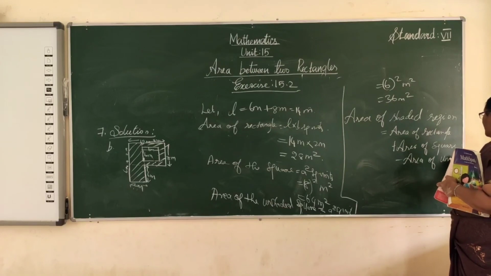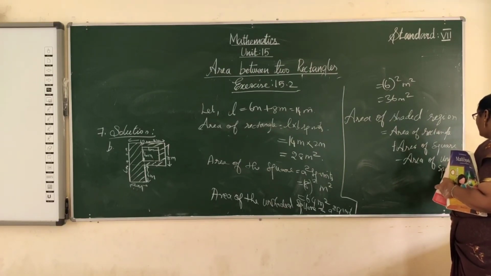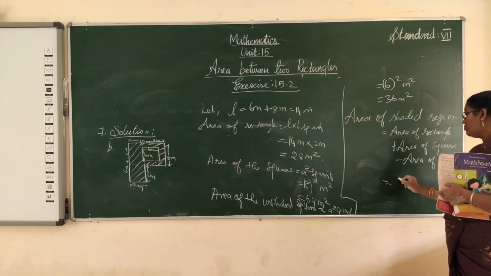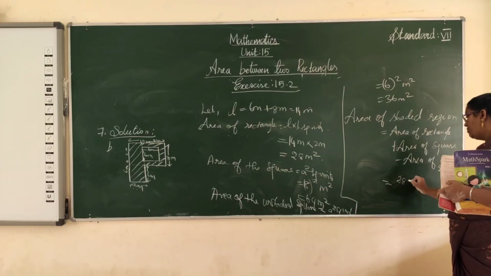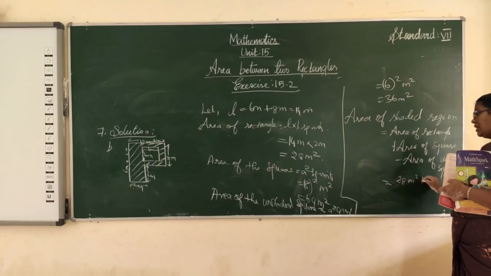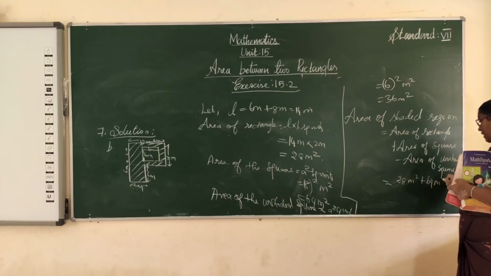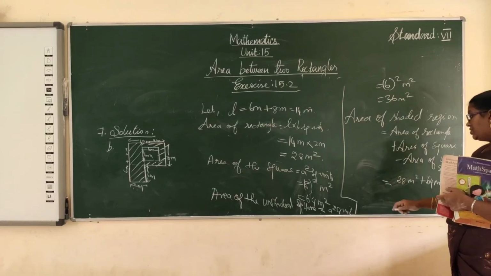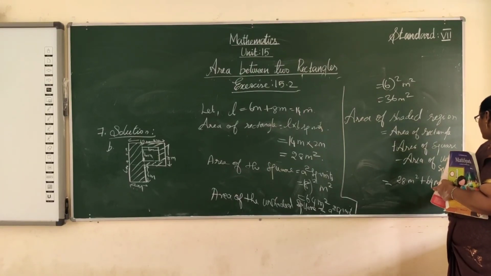So the area of the rectangle value was 28 meter square plus the area of the square is 64 meter square, and minus the area of the unshaded square is 36 meter square.